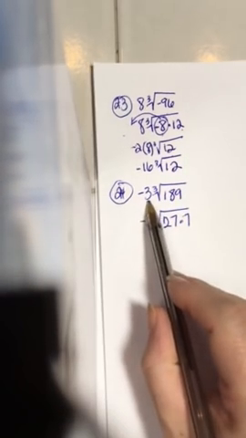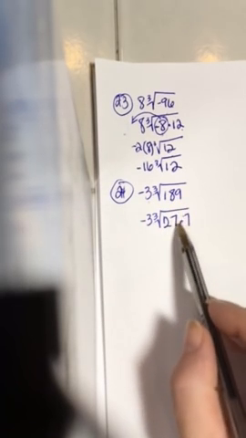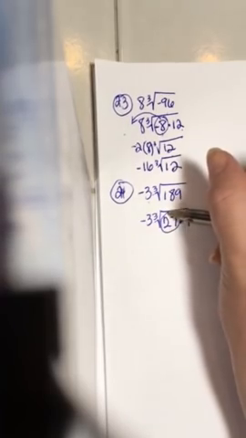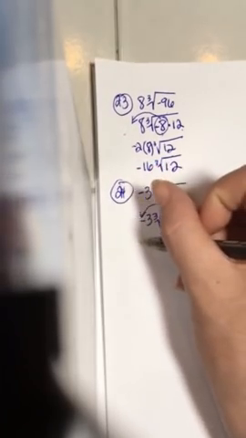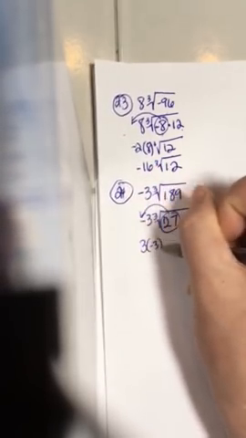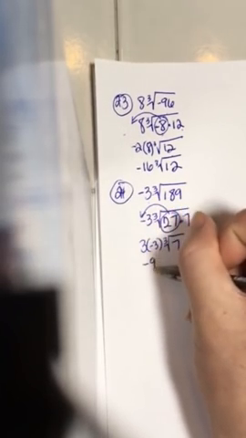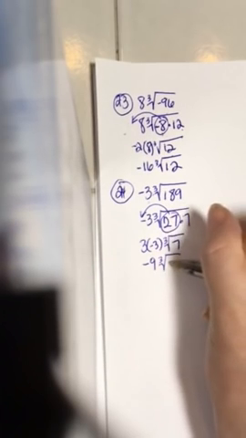So I've got a negative on the outside, but this isn't negative. So these should both be positive here. 27 comes out. Now I've got 3 times negative 3 cube roots of 7. Negative 9 cube roots of 7.